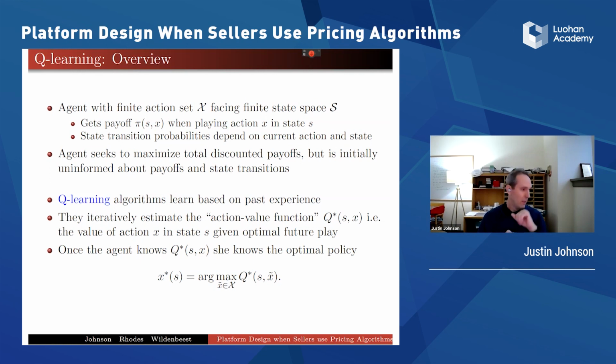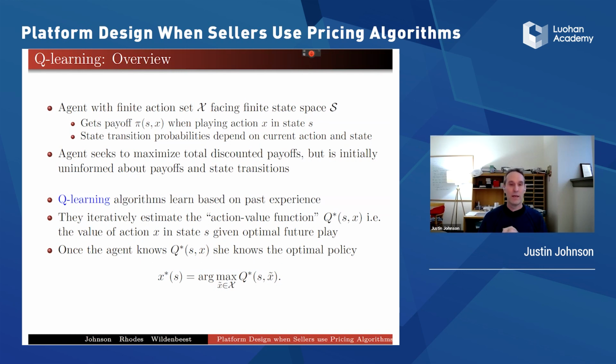By definition, Q star of S, X is your expected payoffs if you're in state S today, and you take action X today, and in the future, you follow the optimal policy, whatever that optimal policy might be. You don't know it, but suppose somehow you could follow that policy in the future, that would give you this function Q star.